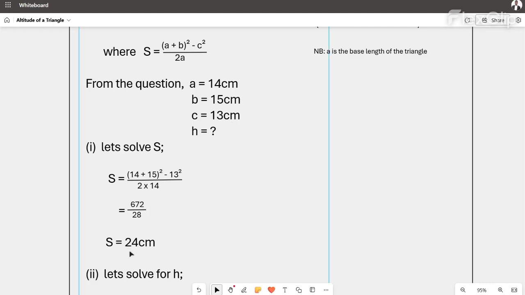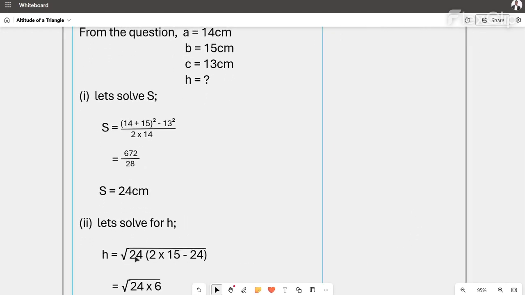So now we know the value of S. We should now move on and solve for H. So let's solve for H. H says that H is equal to square root of S, which is 24, times (2 times 15 minus 24).